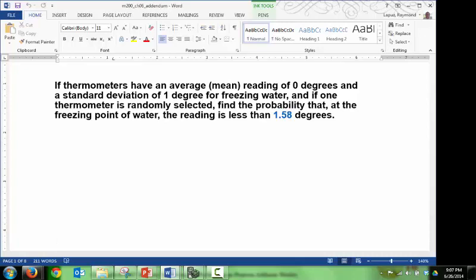And not all thermometers are perfect, right? So if you put it at the freezing point of water, your reading might be 0, but it might be a little bit off. It might be 0.5 or maybe 1.5 degrees.